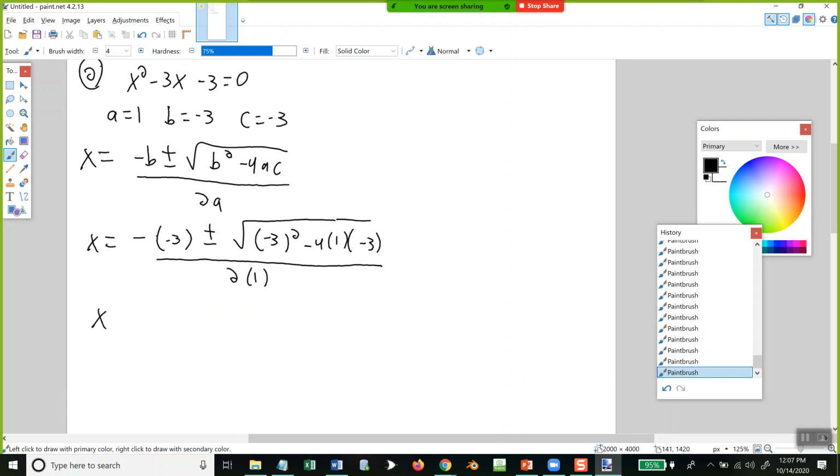So we got x is equal to 3 plus or minus the square root of: -3 squared is 9, -4 times 1 is -4, times -3 is 12, all over 2. That gives us 3 plus or minus the square root of 21, over 2. Assuming I didn't screw up.